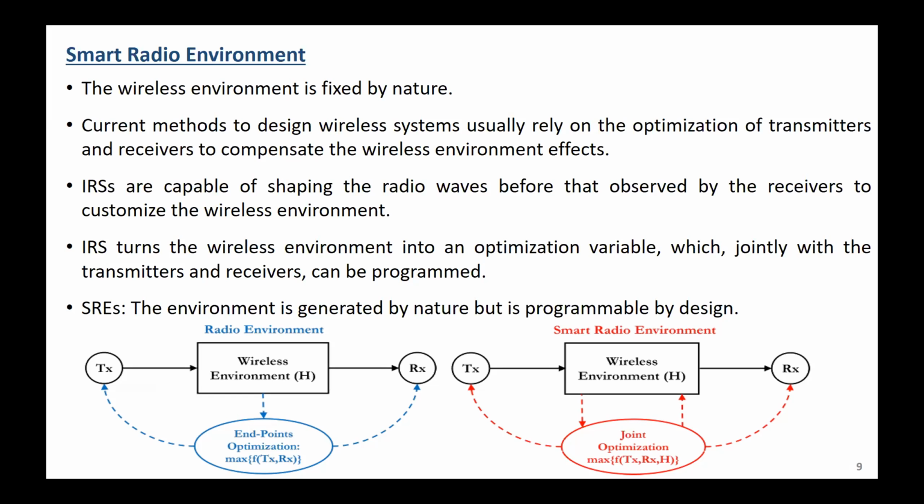However, using IRS, you are now capable of shaping the wave between the transmitter and the receiver. In some sense, you now have the ability to control the wireless channel itself. This makes the wireless channel itself a new player, or a new optimization variable, that you should jointly optimize with the transmitter and receiver.